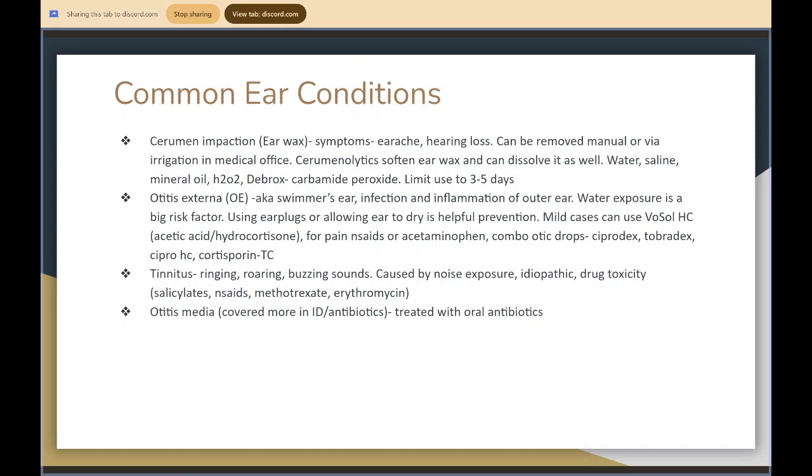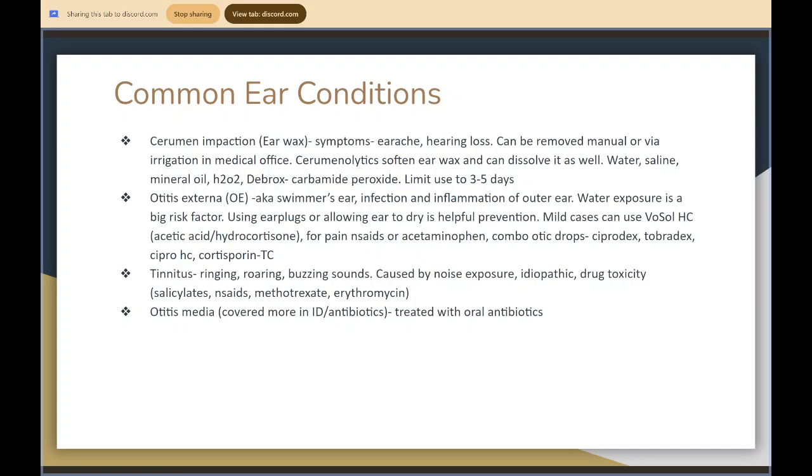Most common are Ciprodex, Tobradex, Cipro HC, and Cortisporin TC. Now, Cortisporin TC has a steroid along with, I believe, neomycin and polymyxin. The Cipros have ciprofloxacin. Dex is dexamethasone. Tobradex is going to be tobramycin and dexamethasone. Cipro HC is going to be hydrocortisone.